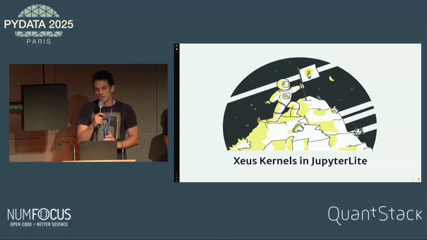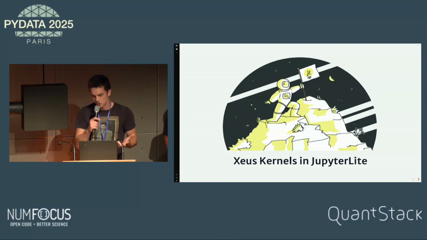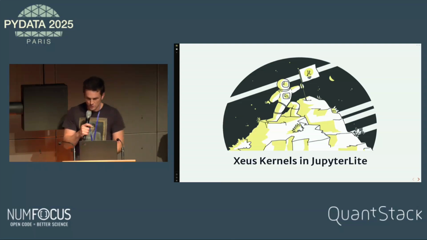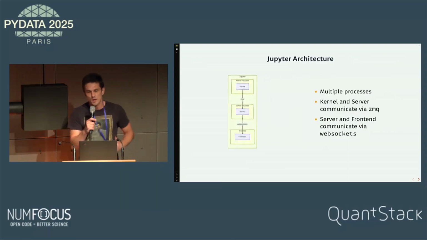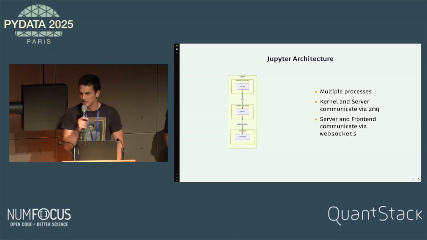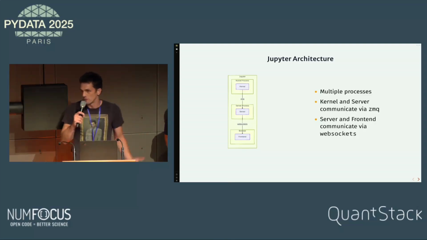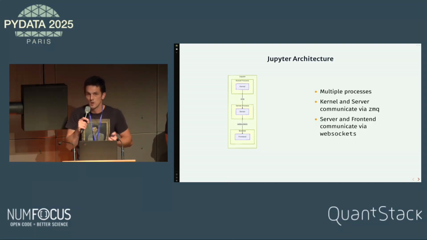The kernels are the most important part if you run stuff in Jupyter. So let's have a quick look at the architecture and what the kernels are. I hope this is not too small, but vanilla Jupyter, the ordinary Jupyter architecture, can be roughly described with these three boxes. You have a kernel. The kernel is the piece of code or the entity which runs your code.